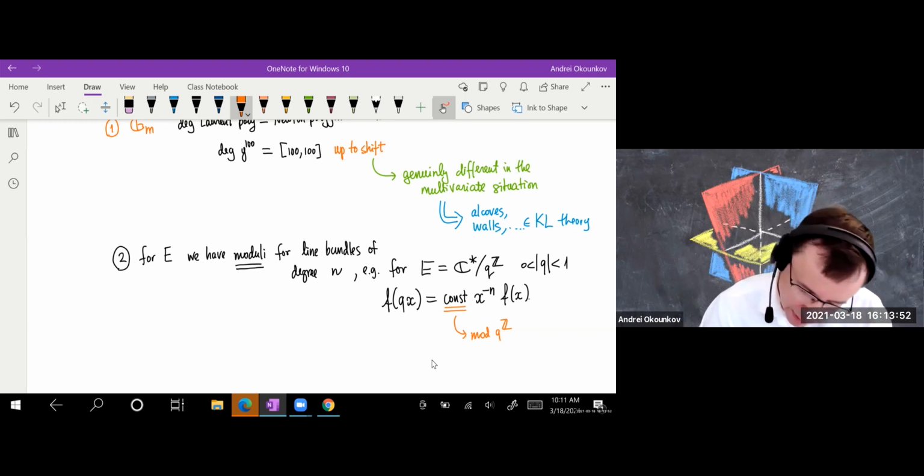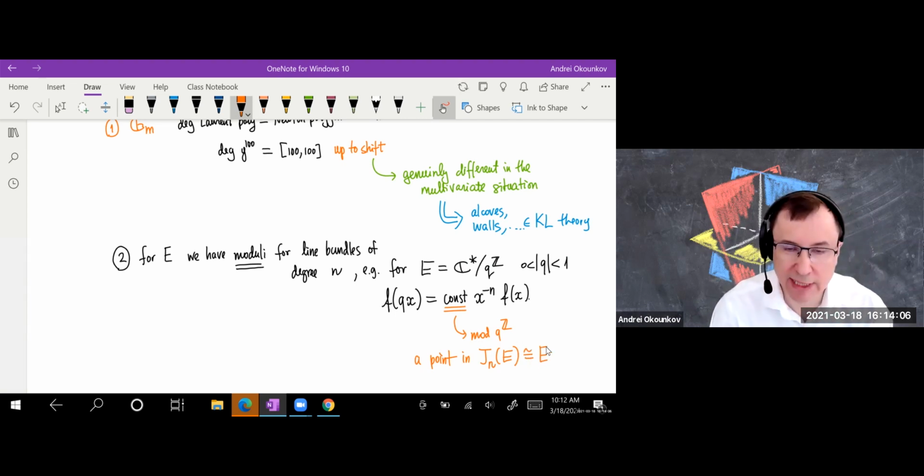So this is a point in, you take the Jacobian of degree n line bundles of the elliptic curve, or whatever. So that is isomorphic to the elliptic curve itself. So there's a continuous variable there.